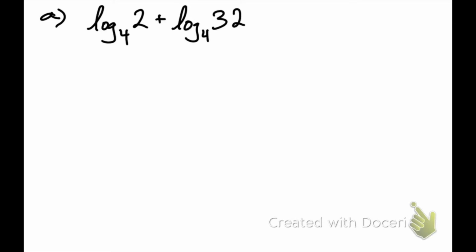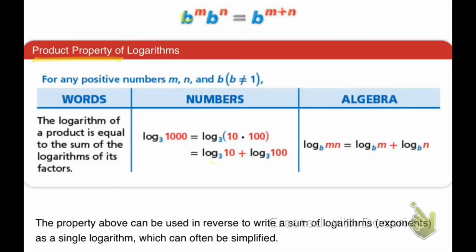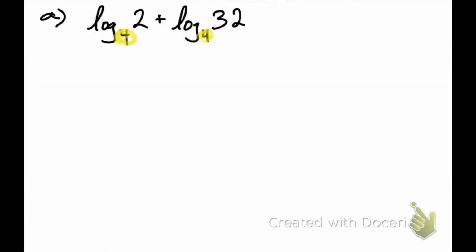Example A: let's say that we had log base 4 of 2 plus log base 4 of 32. One thing you have to make sure of is that the bases are the same. That's these two numbers, b and b. If they're different, you can't use it.